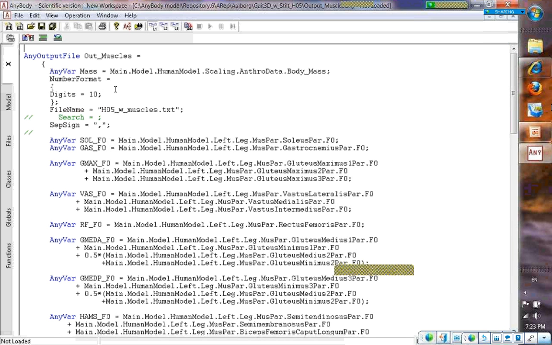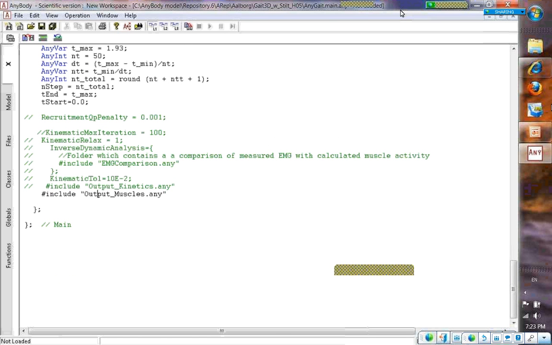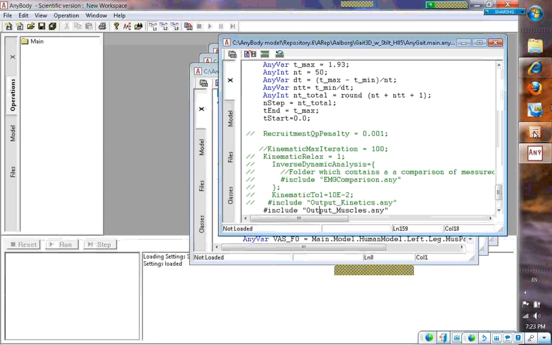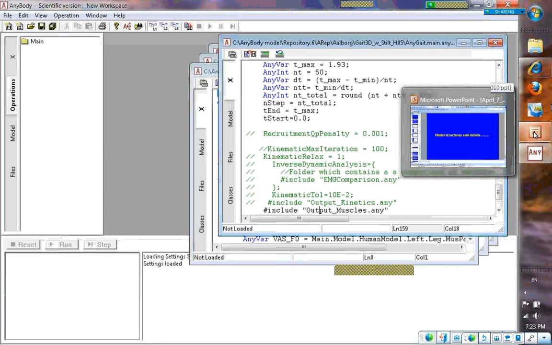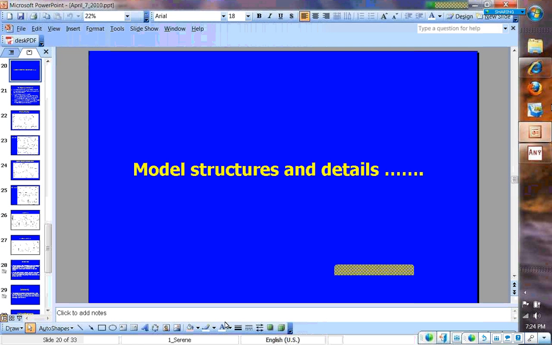Then it's very easy to process the data. So I will not have time to run the program. This is just the principle for this. Let's go back to the presentation.